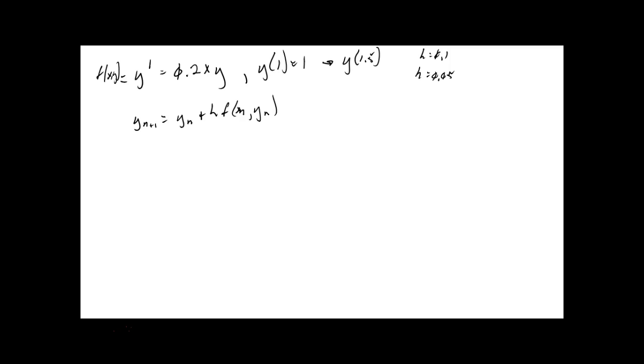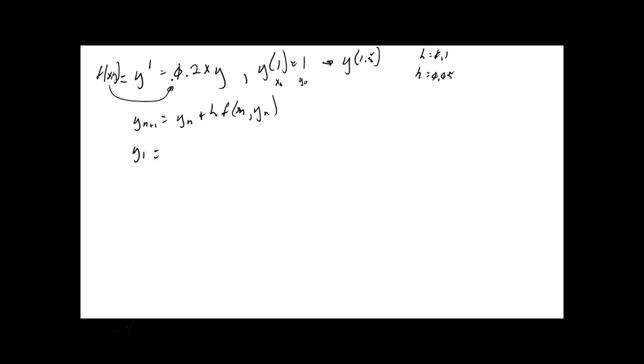So your first step would be y1 would equal y0, and by the way, here is your y0, here's your x0, here's your h that we're going to do, 0.1, and this is your f of x right there.